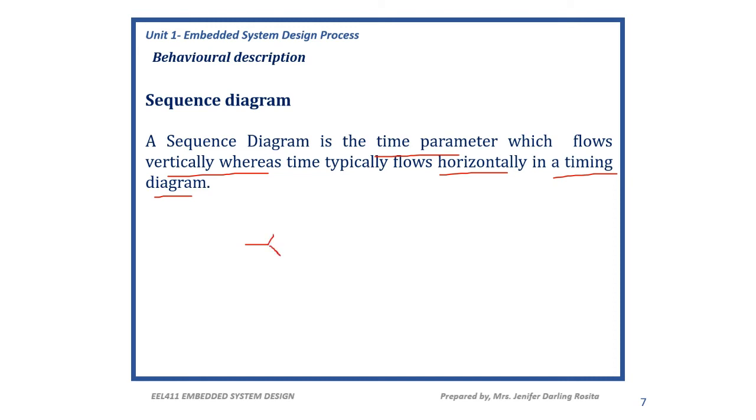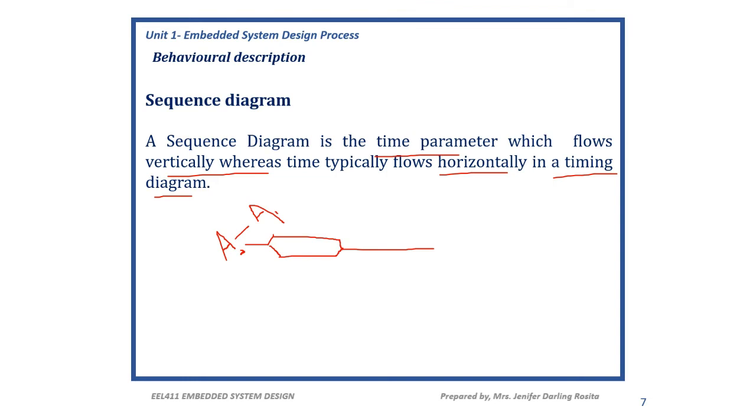It looks like drawing the timing diagram horizontally. So this is an example of a microprocessor timing diagram. It shows some addresses, A0 to A15, like that.